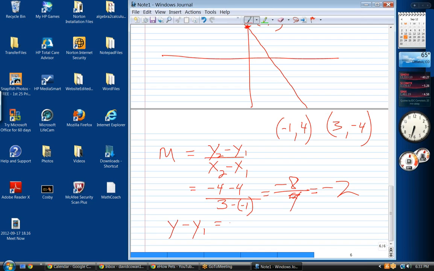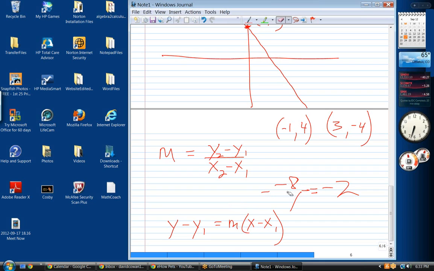And let me give you an easy way to memorize this. Notice that if I divide both sides by x minus x sub 1, I get slope equals rise divided by run. Okay.